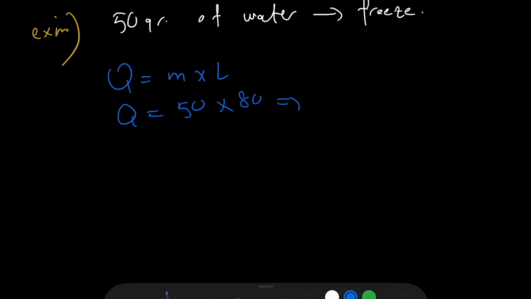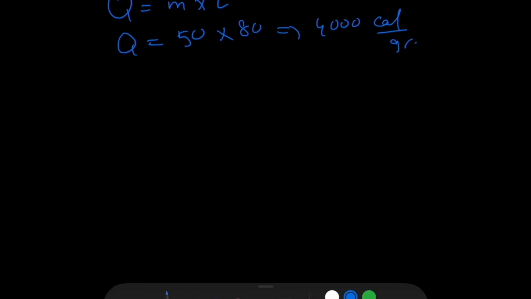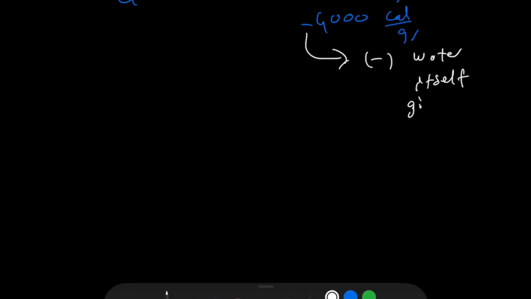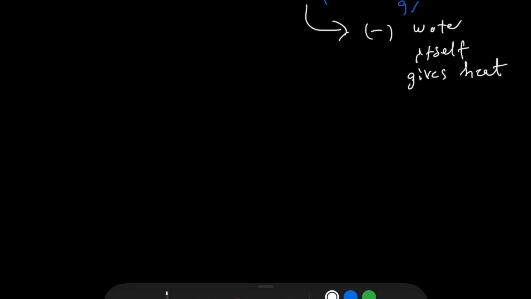This is 4,000 joules. Sorry, calories. Okay, this must be minus 4,000 calories. This negative sign shows us the water itself gives heat, or we take heat from the water, we don't give it, for the freezing.